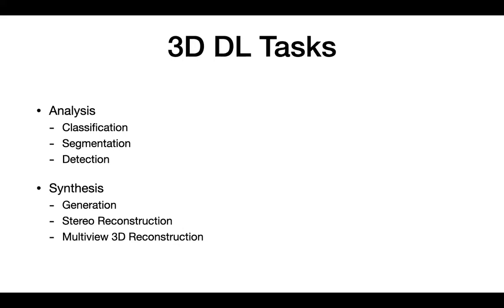And here are the prototypical tasks that we want to solve. We can do classification, segmentation and detection, the same way you did for images, we have to do for any kind of 3D data. And also synthesis, we have to generate images, shapes, scenes, and things like that. We can do reconstruction.